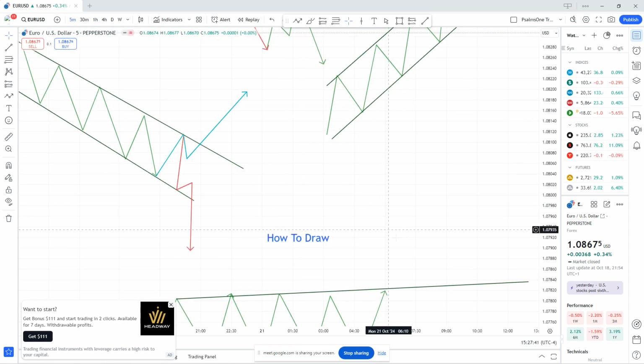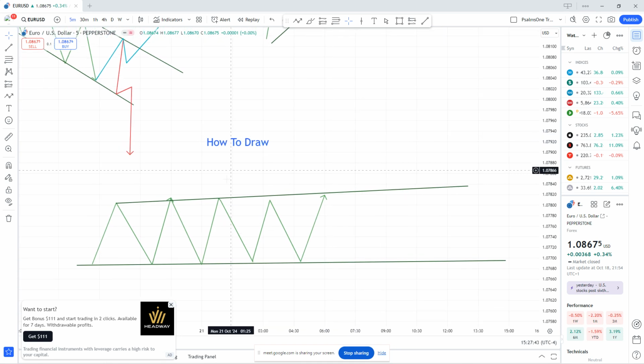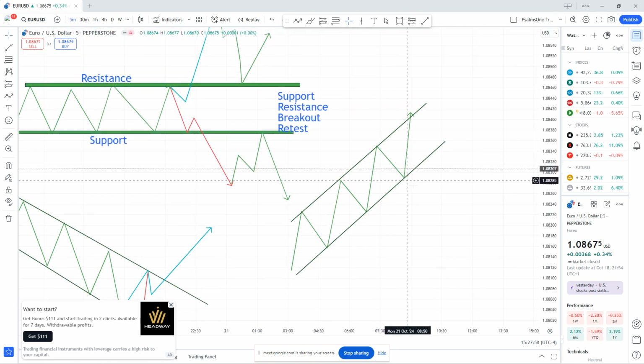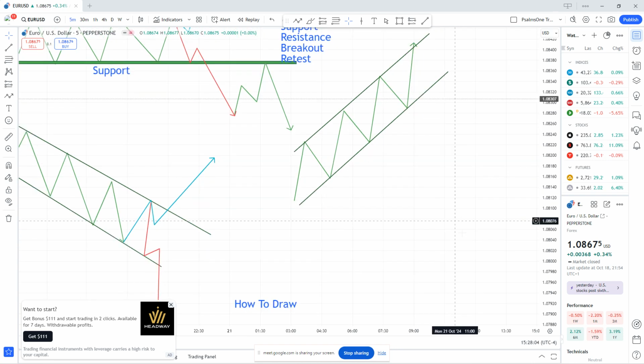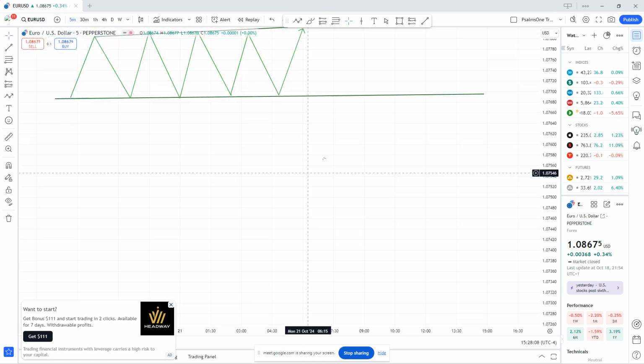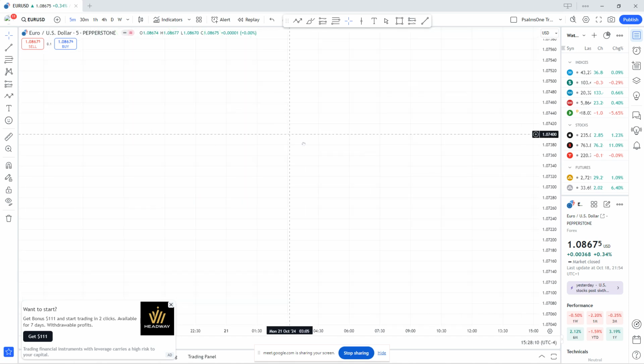So I hope that's really clear to us. Just connect the first point, second point, and extend your line. Wait for price to come back to the top, and you expect it to go up from that level. So that is that about that.